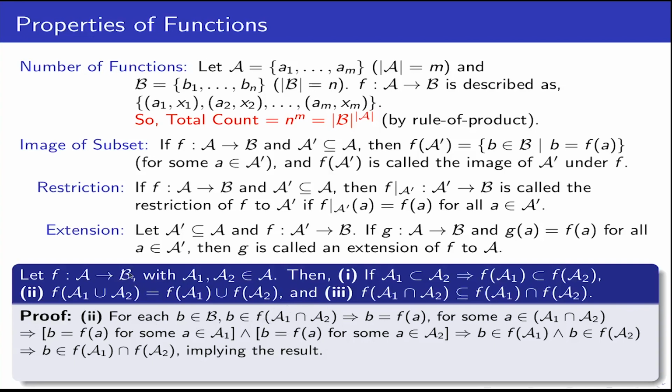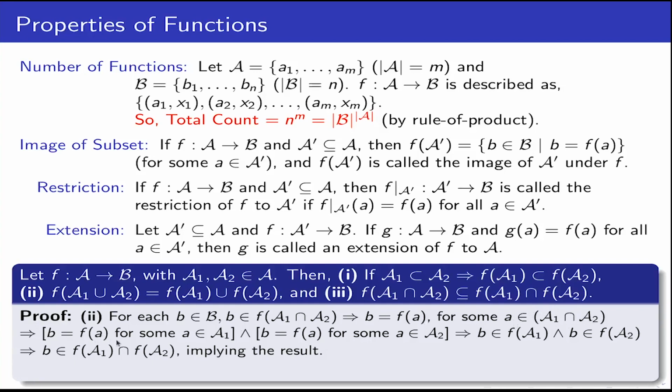Because B is an element from that set, which is this. Now since B belongs to this set, it means that B equals f(a) for some a belonging to A1 intersection A2. Now a belonging to this means that a belongs to A1 as well as a belongs to A2, both.